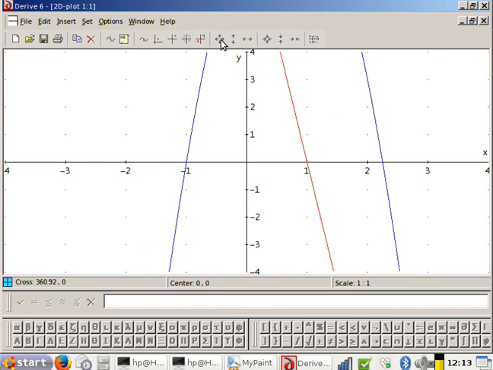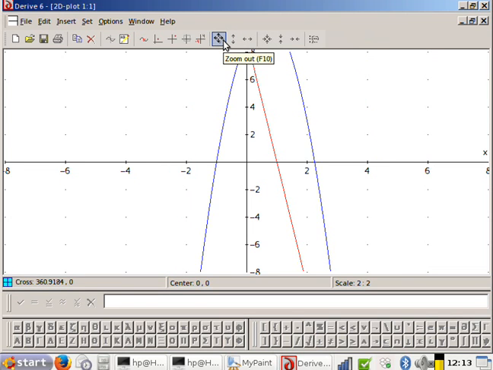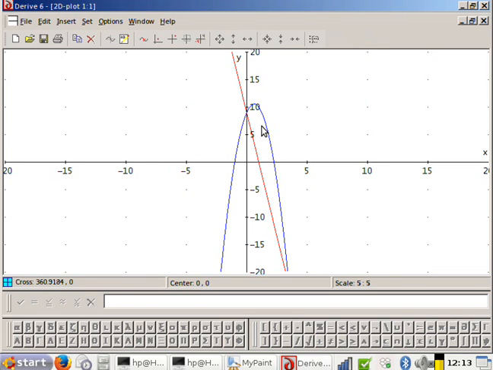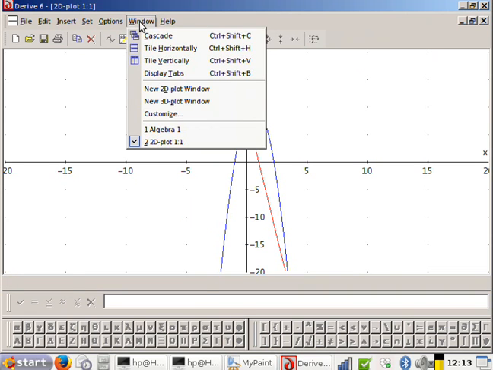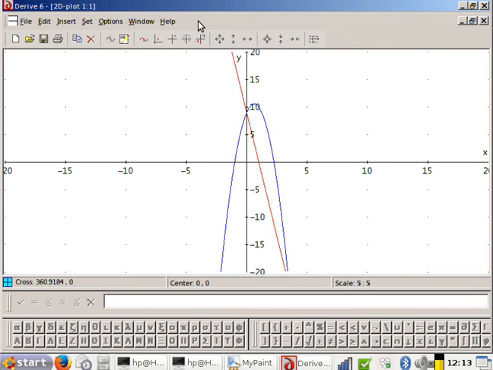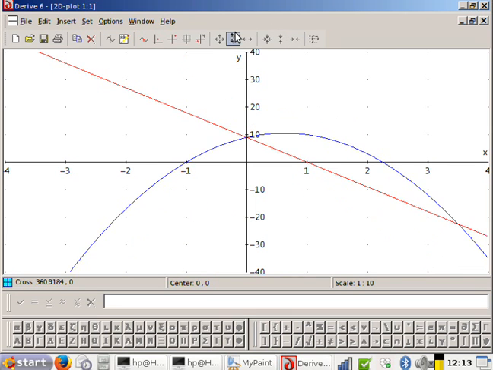So I'm going to zoom out. That's not right. Maybe I typed it in wrong. Oh no, of course it is right, because I said it should be a secant, so it shouldn't meet twice. So you can see, here's the first place it meets, and here's the second place it meets.